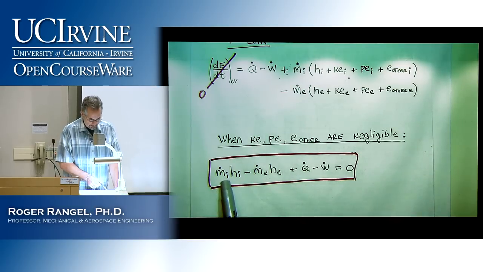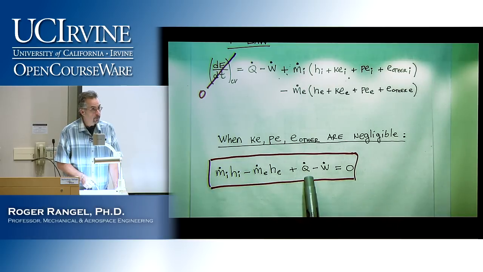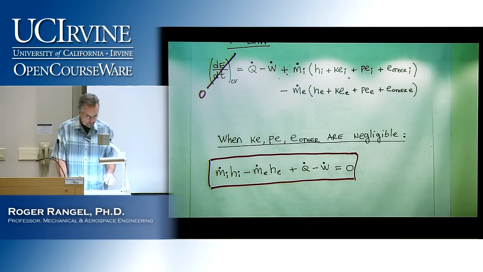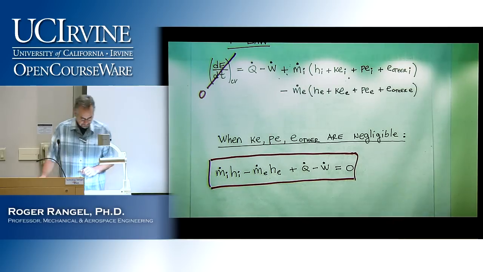So we have mass flow rate at the inlet times enthalpy at the inlet minus mass flow rate at the exit times enthalpy at the exit plus heat transfer rate in minus work rate out must be equal to 0.